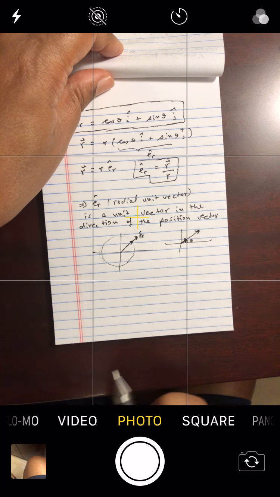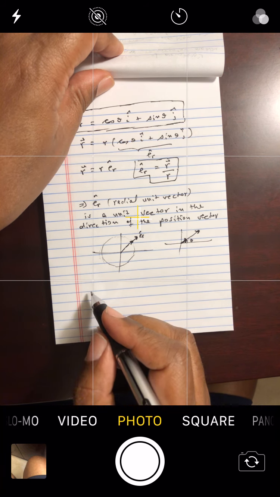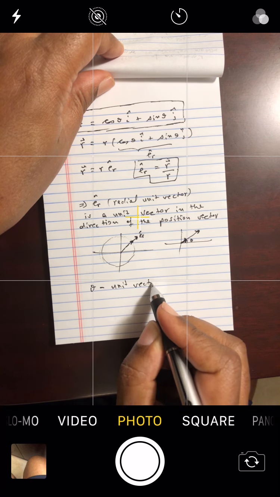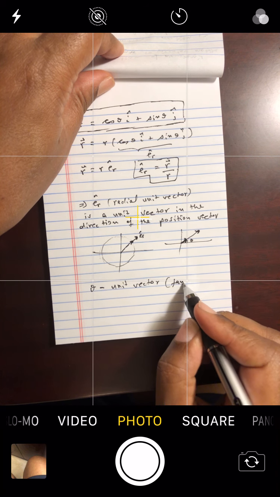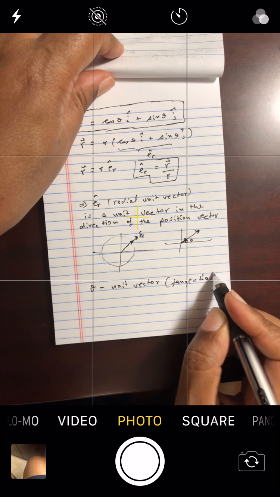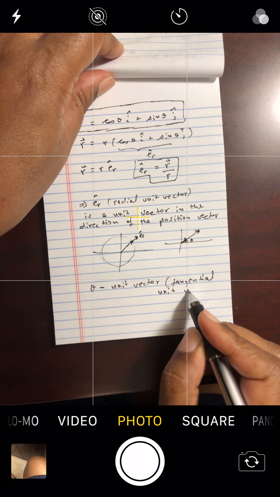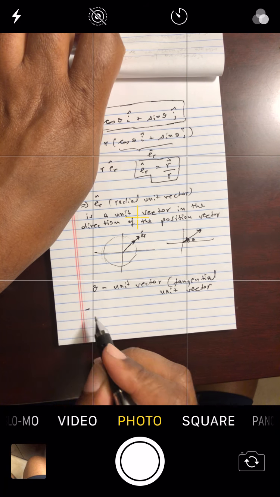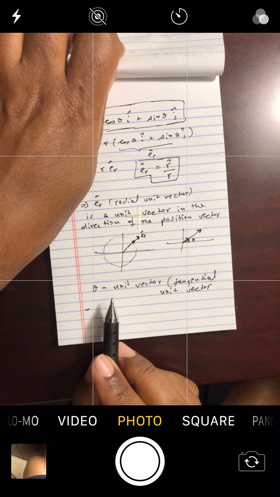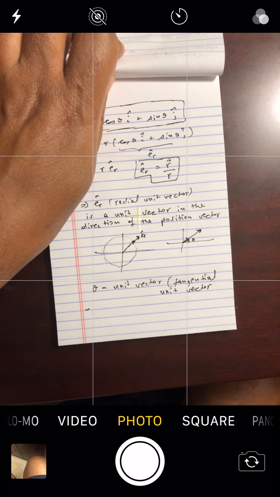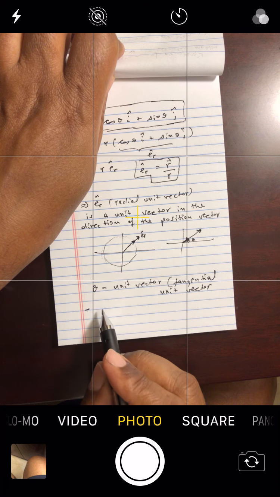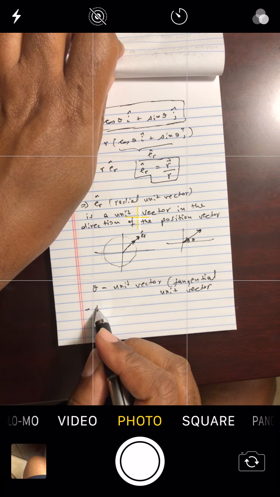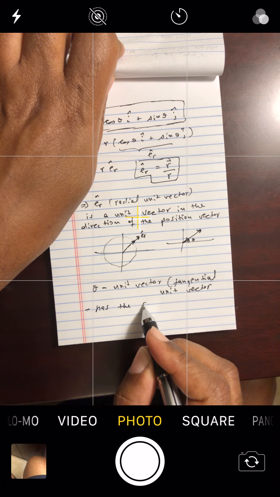All right. Now, similarly, we're going to look at the theta unit vector. We can also call it a tangential unit vector. Its magnitude is going to be 1. We just have to define its direction. Its direction is the same as the direction of the change in the position vector while keeping R constant.